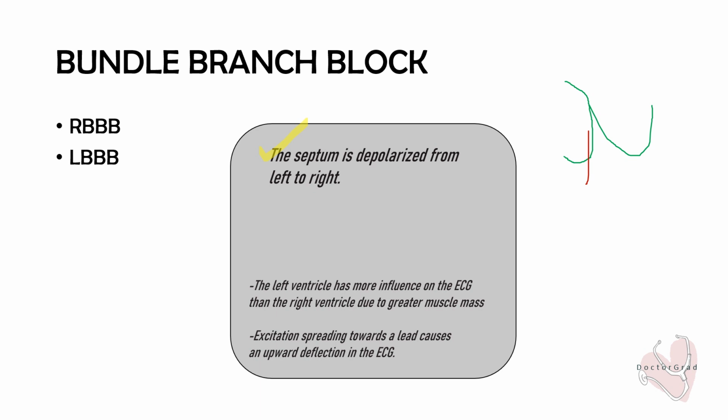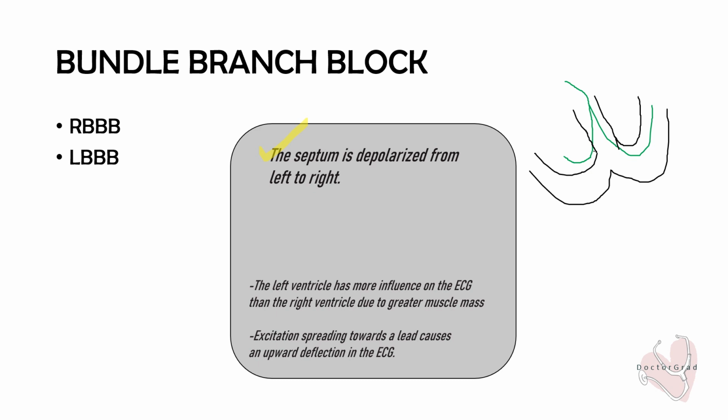But before we say them, we have to understand how normally ventricles are getting depolarized. So first up we have the septum, then we have the ventricular musculature, right? We have it like that. In the septum, I've told you septum is getting depolarized from left to right.